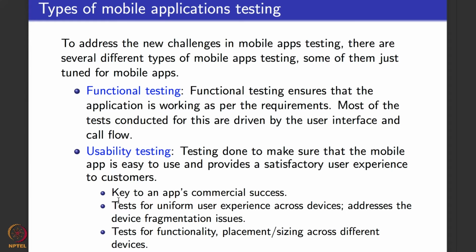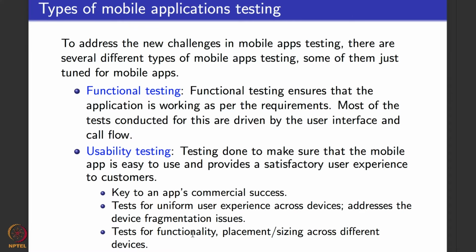So the same app has to be usable. It should be easy to use, and a user who's using it should be satisfied with the UI. This is very important because it's one of the key factors to an app's commercial success, and it should test for uniform user experience across devices.